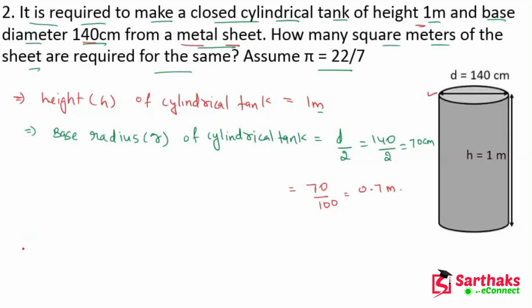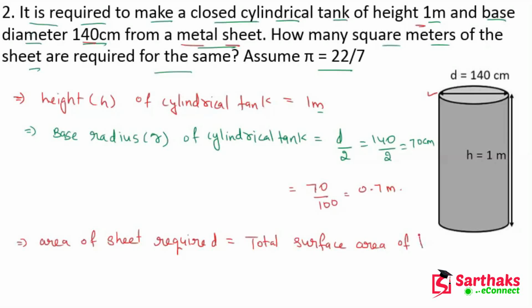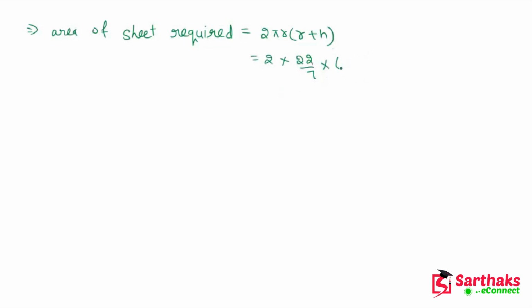Yes, so now the area of sheet required is equal to the total surface area of the tank, and we know what the total surface area is. So the area of sheet required is equal to 2 pi r times (r plus h), and this is equal to 2 into 22 upon 7 into, here r is 0.7, into (0.7 plus 1).